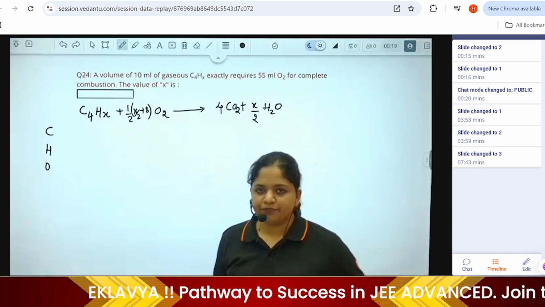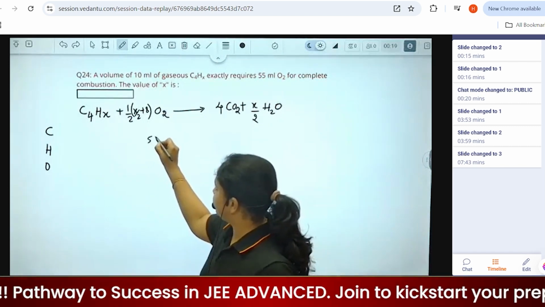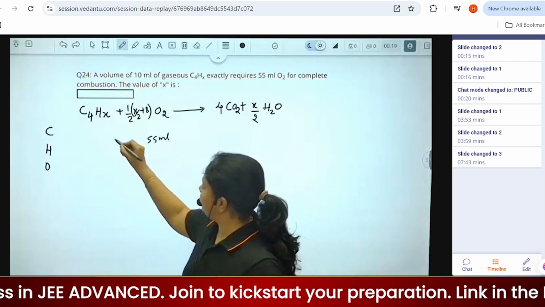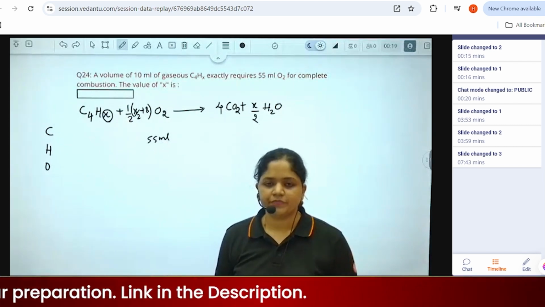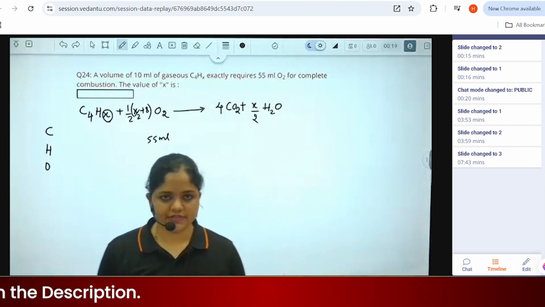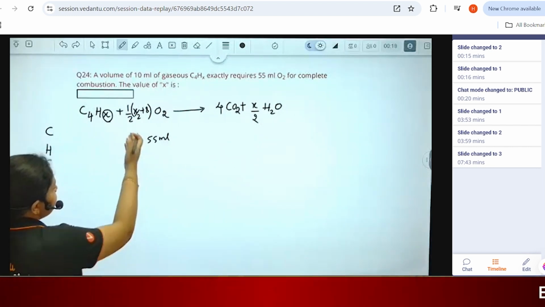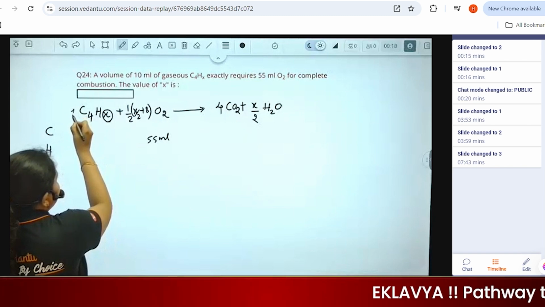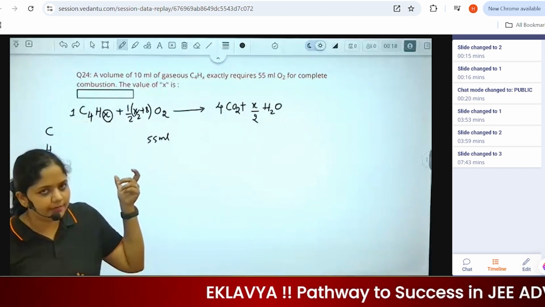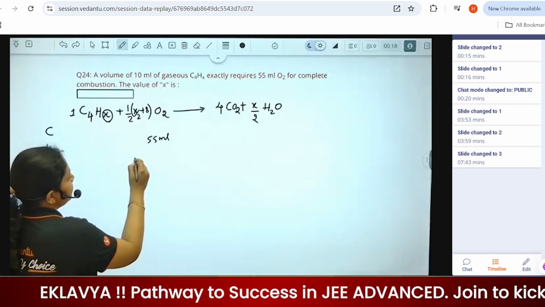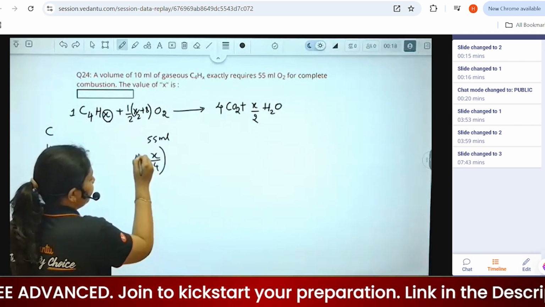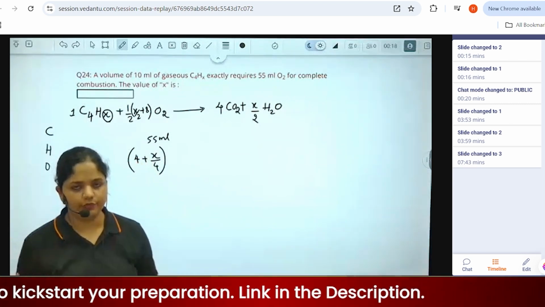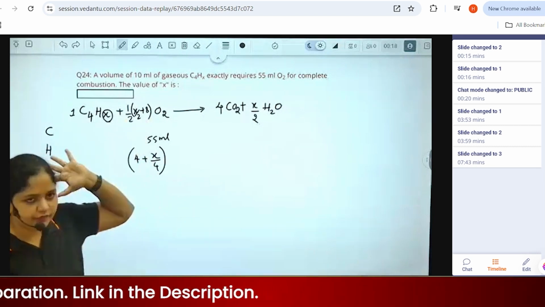So basically they have given one thing, this is 55 ml, and we have to find out how many hydrogen atoms are there in that hydrocarbon. Here 1 ml or 1 mole of hydrocarbon is reacting with how much? 4 plus X by 4 ml or moles of oxygen.